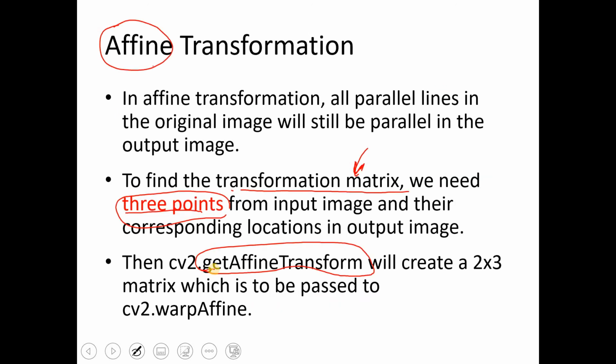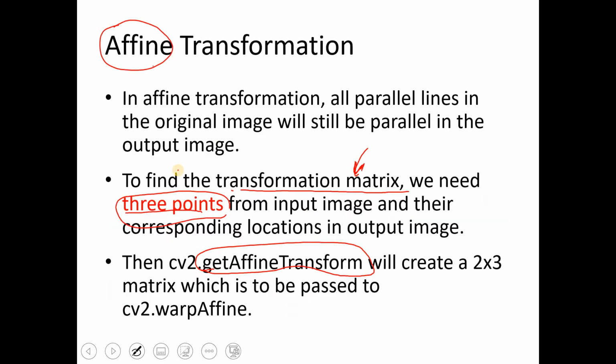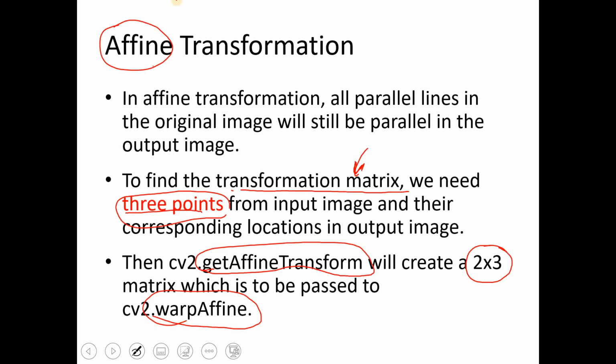It will help transform all other parts of the image into this correct image. This get affine transform will create a 2 by 3 matrix for you, and you can pass this matrix to the warp affine function to do the transformation. Now let's come to the practical side.